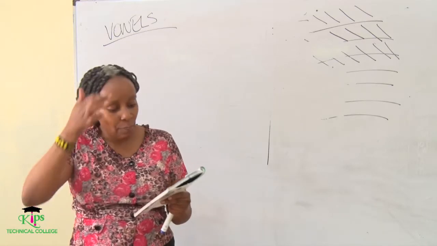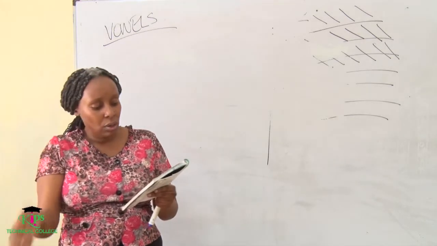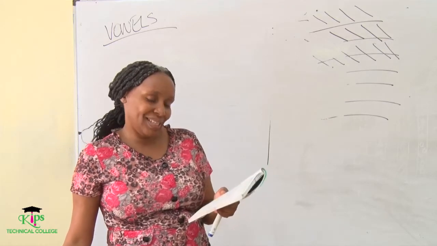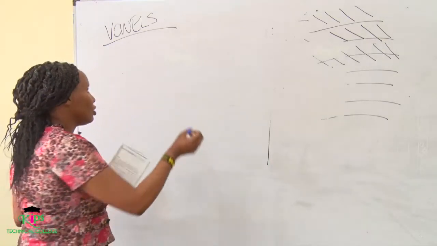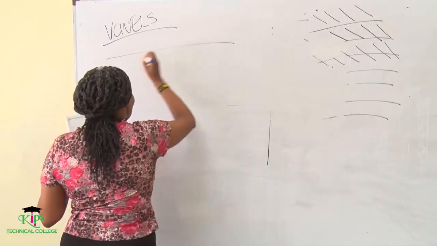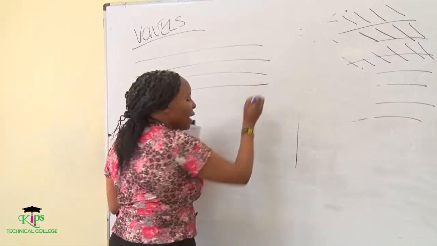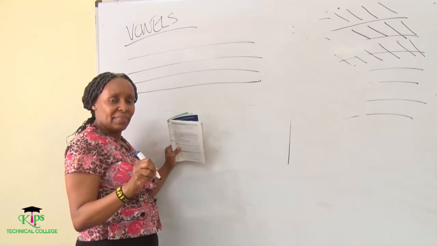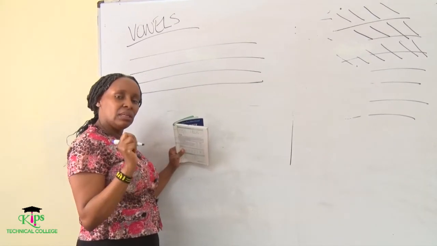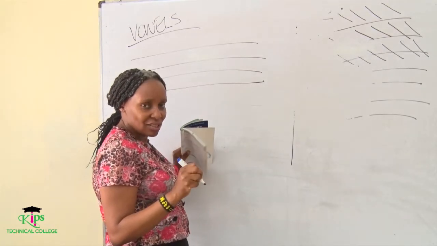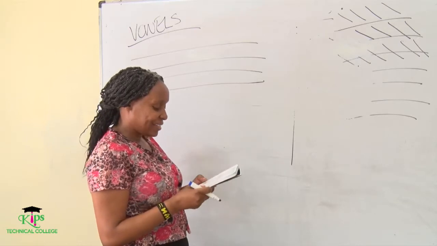Yeah, so the first upward or down stroke takes the position of the first vowel. So basically, they are telling us that in shorthand, we represent the sound of any vowel. For example, pay, that vowel A is represented either by a dot or a dash.